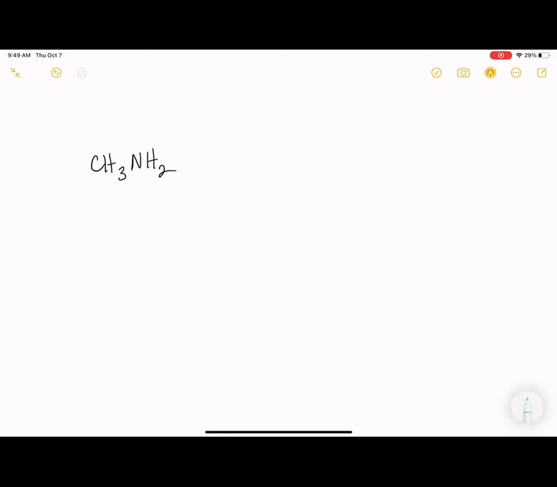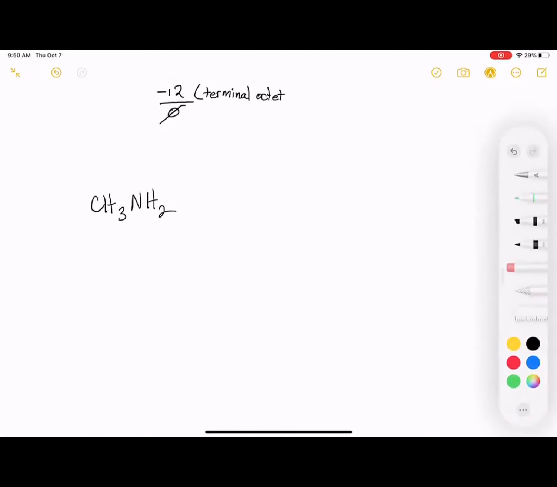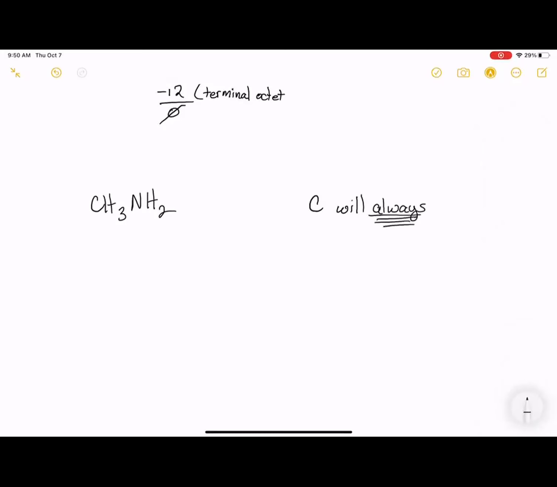How do I know I have multiple central atoms? The maximum number of bonds a carbon will get is 4. Carbon will always get 4 bonds.